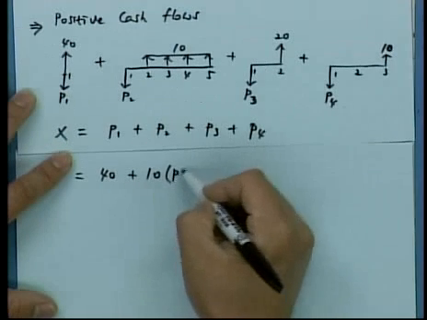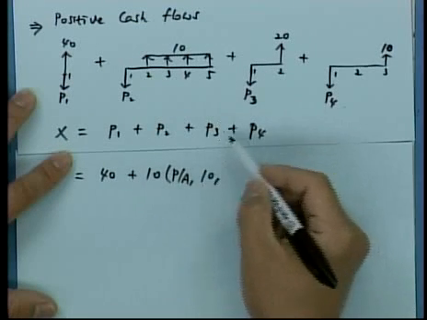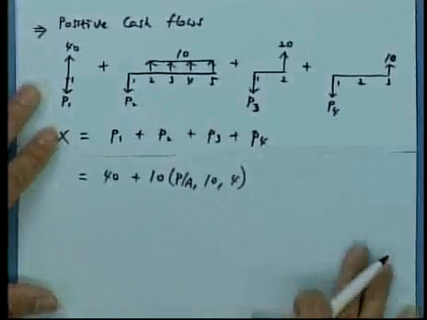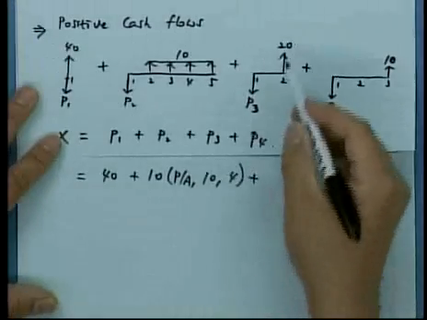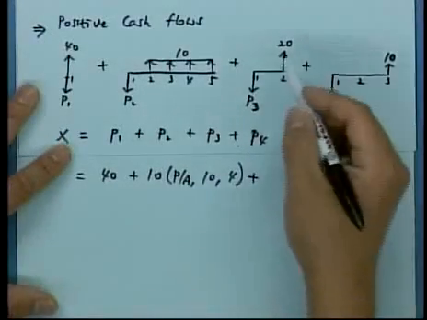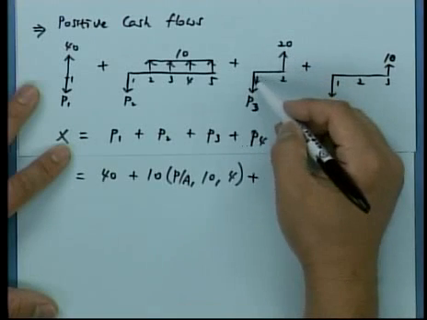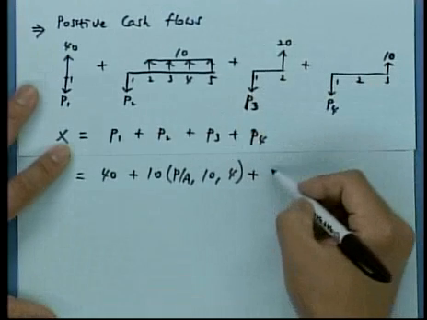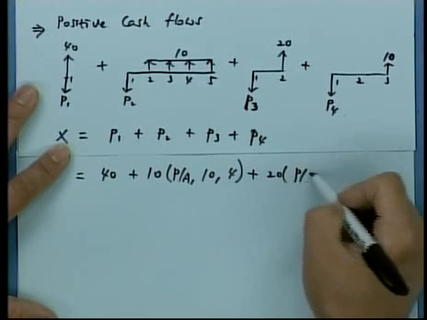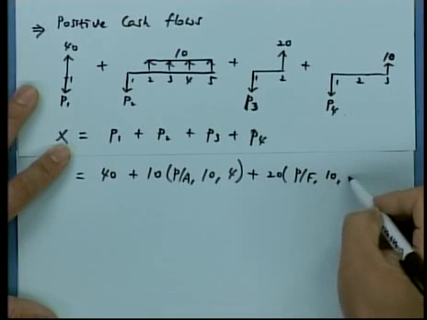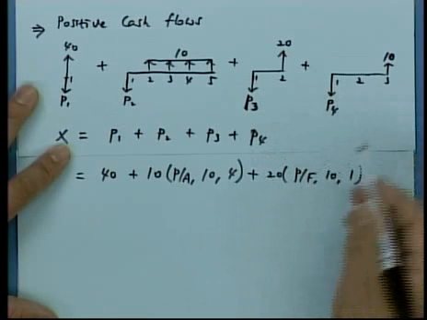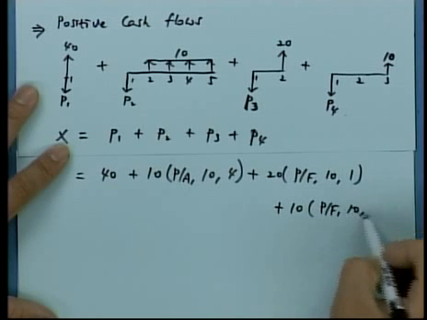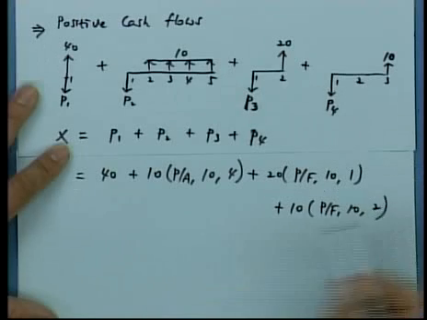Ten times P given A, 10% over 4 periods, right? What about P3? You can just convert this single payment to the equivalent present sum. So 20 times P given F, 10% over 1 period. How about P4? 10 times P given F, 10% over 2 periods. Is that right?